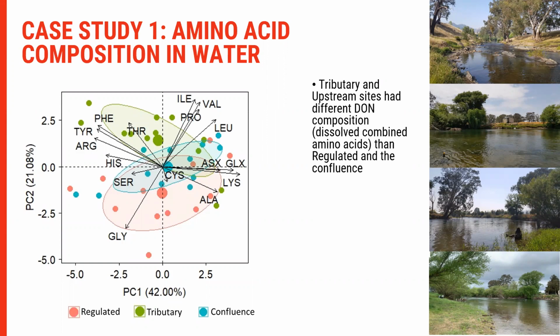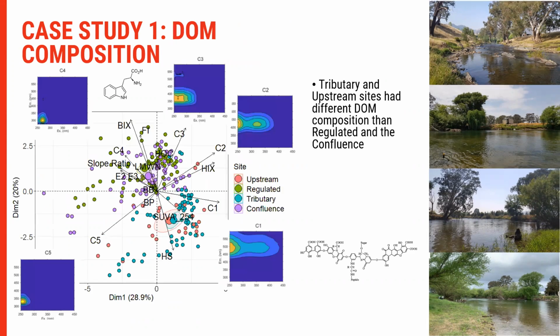But what we noticed is that even though the confluence was receiving, if I jump back here, organic matter from the reservoir and also the tributary, the reservoir still had the strongest signature towards that confluence. So if you have a look here, the confluence is the purple, and yes, it's sitting between the tributary and the regulated system, but it's more closely related to the regulated system.